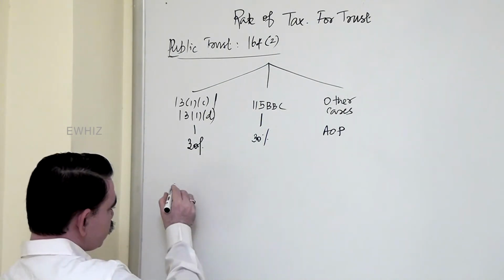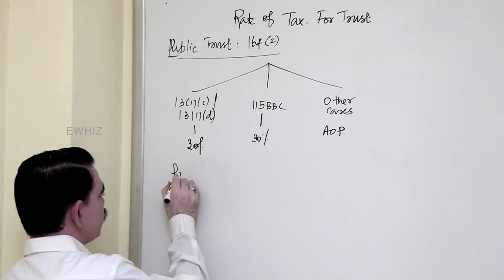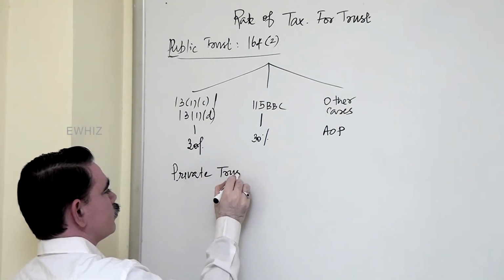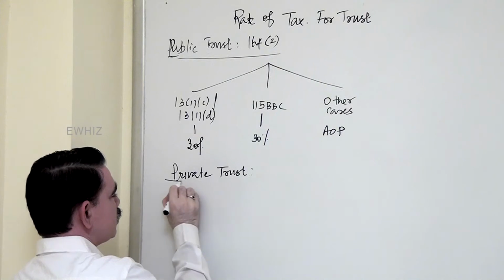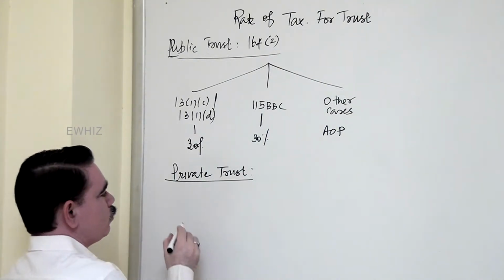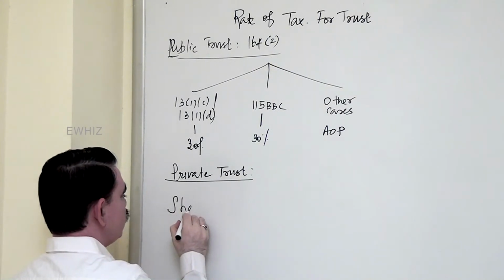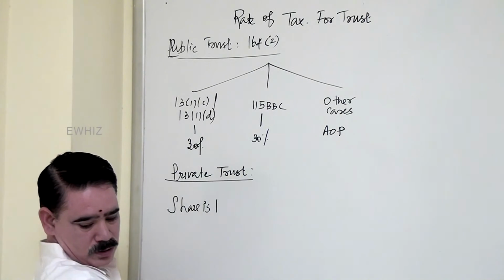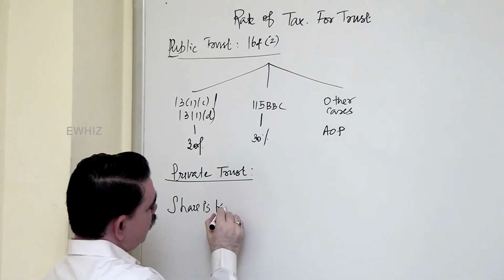Then we have private trust. For a private trust, what is the rate of tax? Now, when the share of parties is unknown, first we will say the share is known.